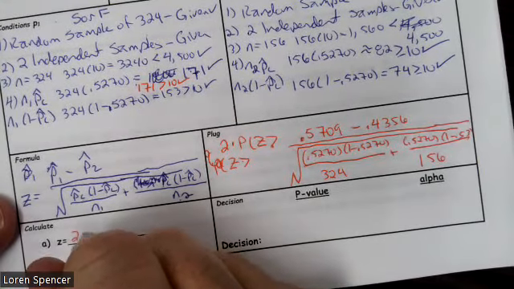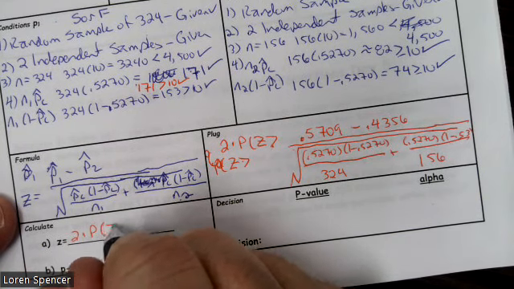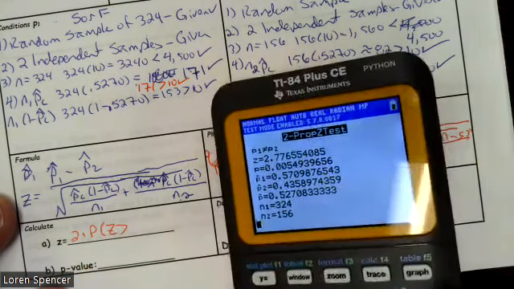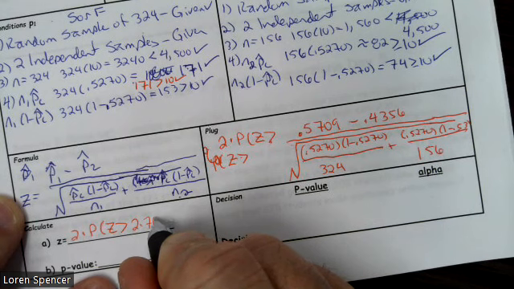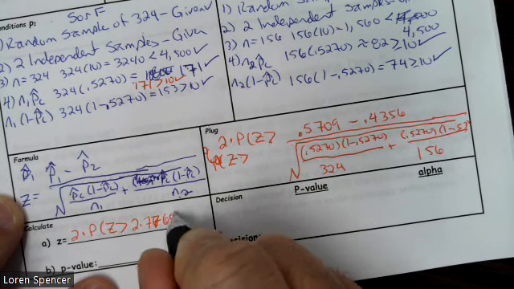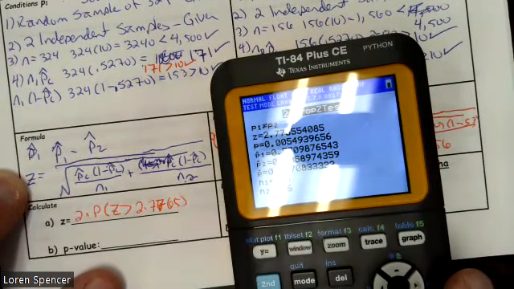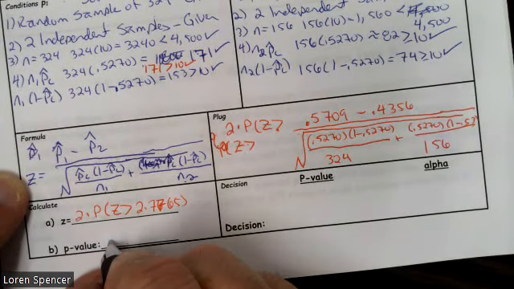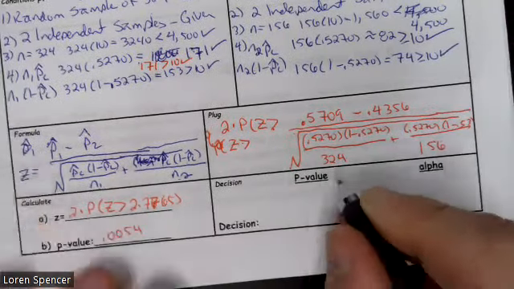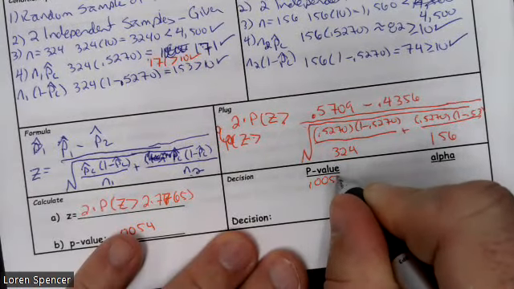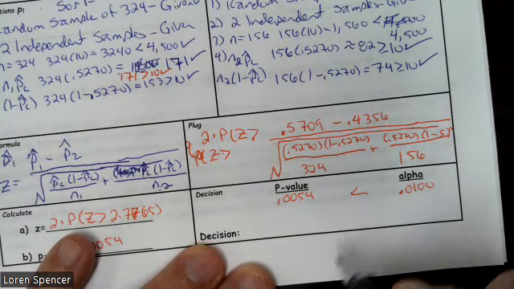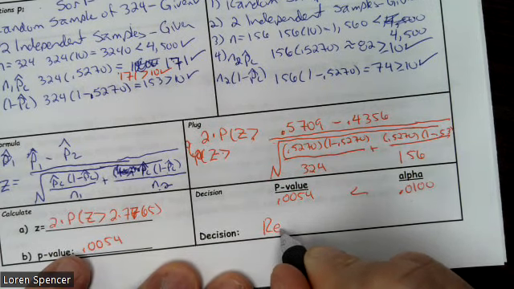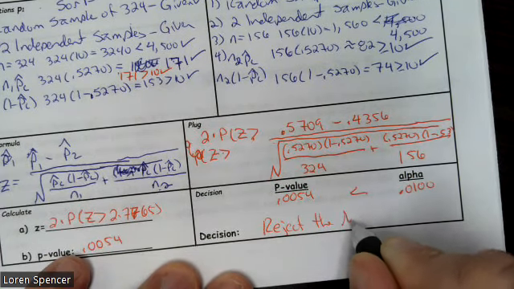So 2 times the probability that Z is greater than 2.7765 equals a p-value of 0.0054. Alpha is 0.01. This is clearly less than, so we are going to reject the null.